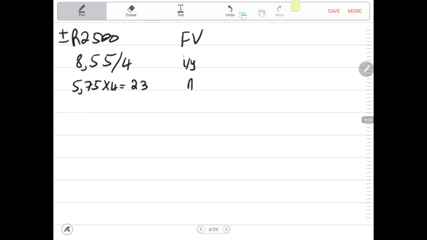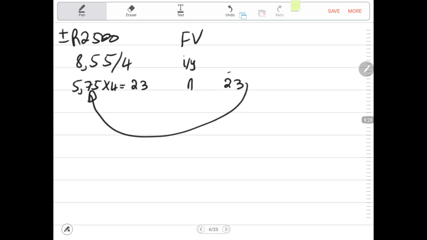Now I also want to highlight this because in the later calculation we will deal with this. Now if we say the number of compounds over the investment period are 23 times, now we need to be able to convert this back into the number of years. Take note of that.